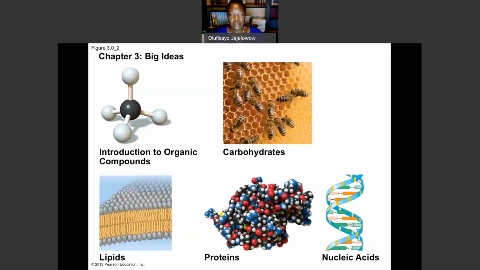So in this chapter, we have the big ideas that we will discuss. The big ideas: introduction to organic chemistry. Much of the structural and functional molecules of cells are organic compounds. Do not confuse the use of organic compounds in this situation with the common store-shelf labeling, where food is organic or food is not organic.